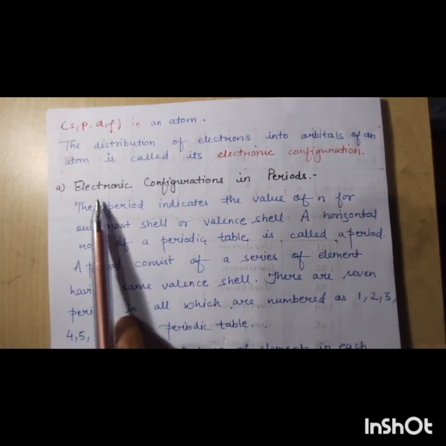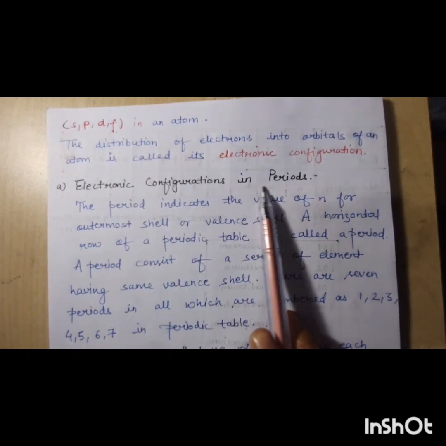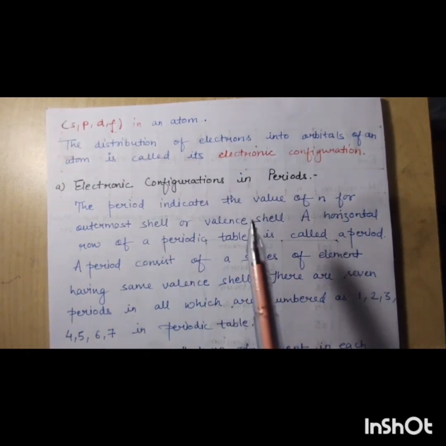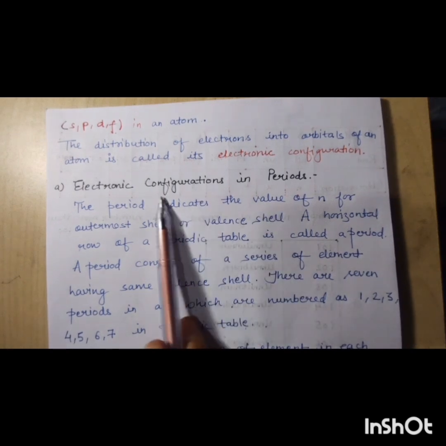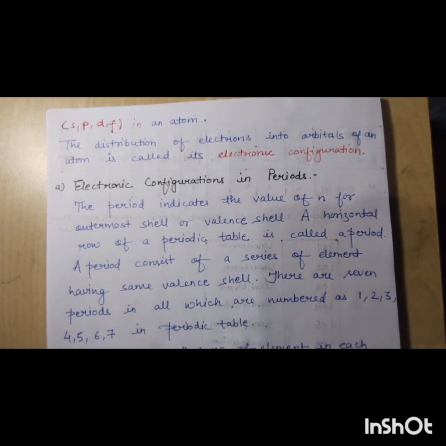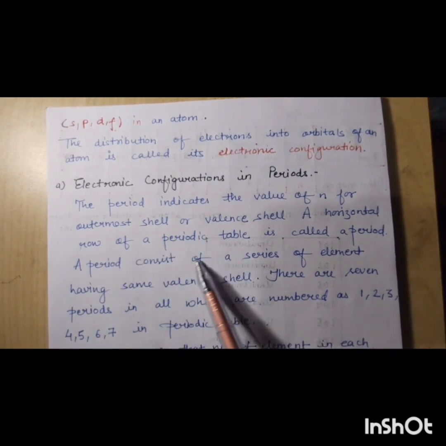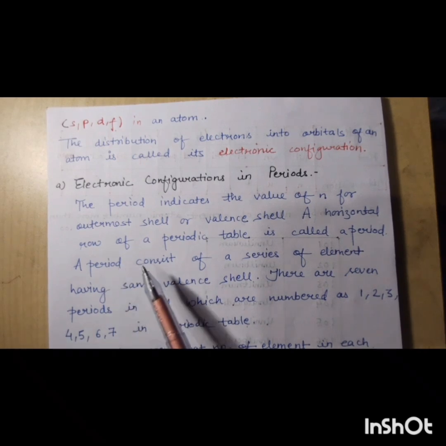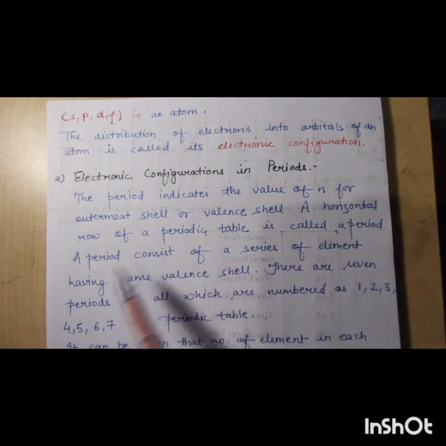Now next is the electronic configuration in periods. Means in a period how the electronic configuration is done, and you know that a period is located in a horizontal row.